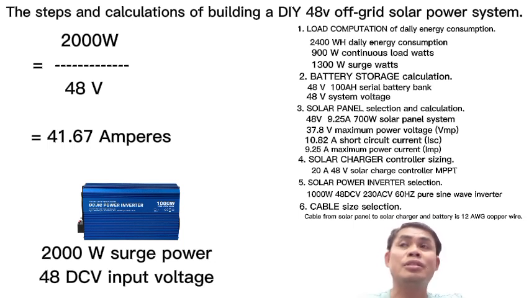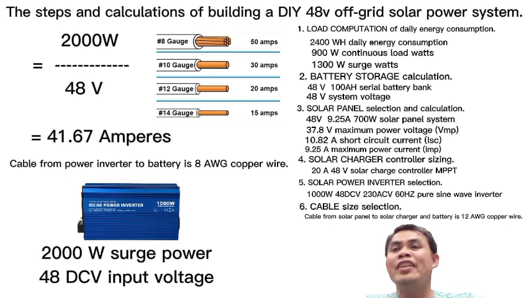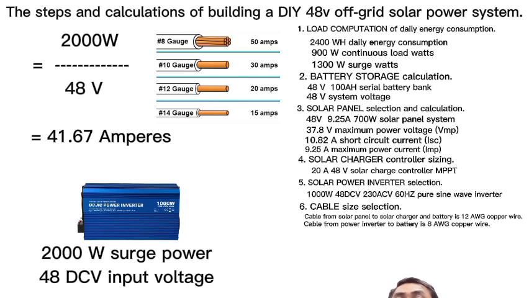From this calculation, we refer to the chart of American wire gauge. 41.67 amperes on the chart, so we can make it 50 amperes based on the wire ampacity chart. A copper number 8 AWG will be used, meaning that the power inverter cable to the battery bank is number 8 AWG copper wire.